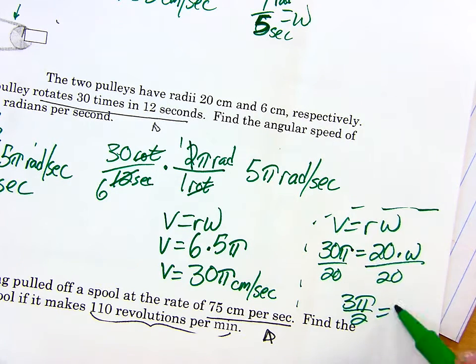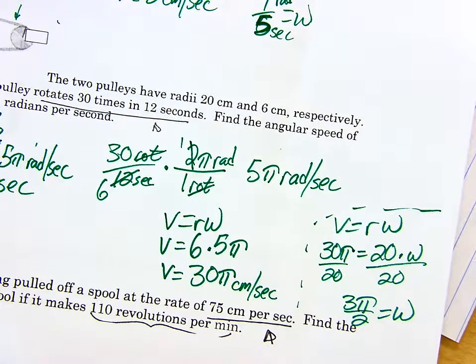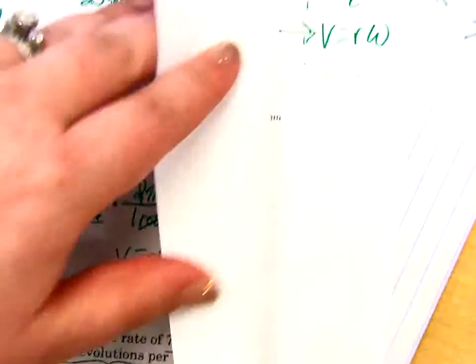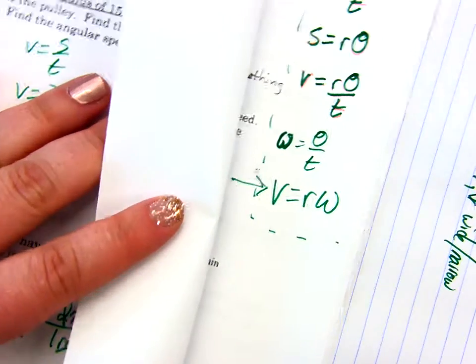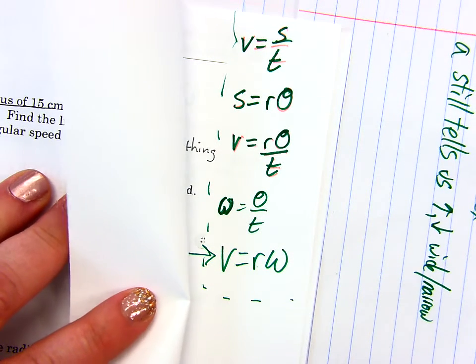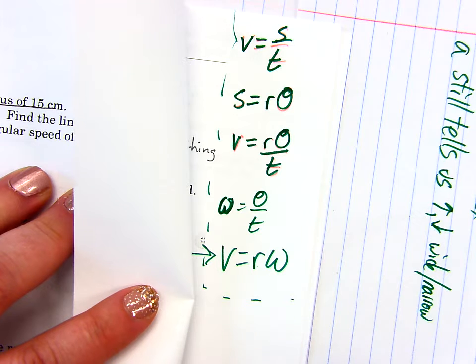Can I have the 4 formulas on the front page? They're all on your reference sheet too.